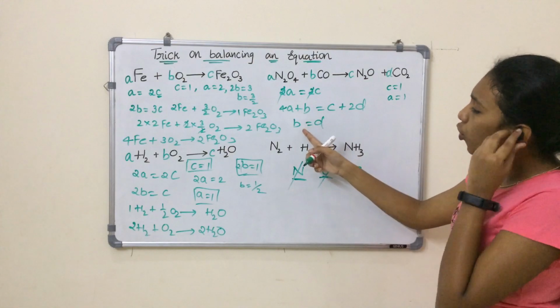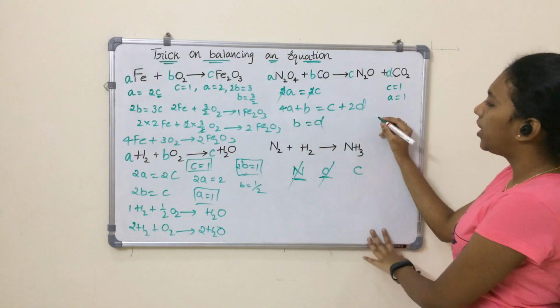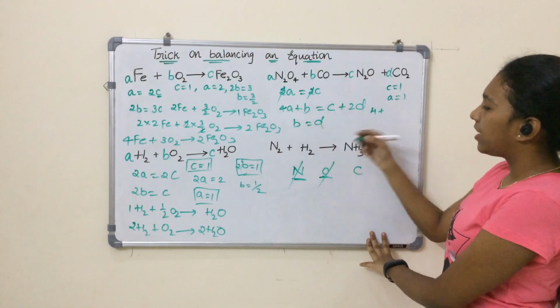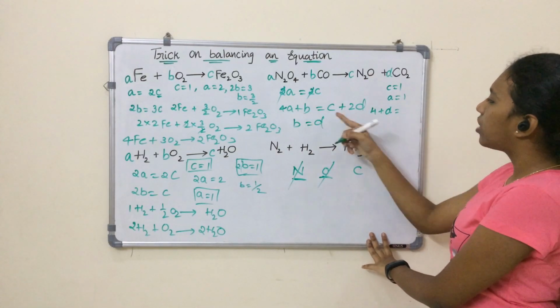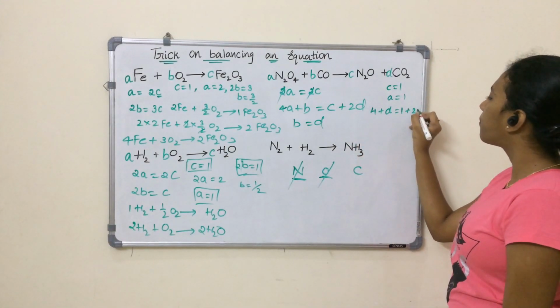Now as you know B equal to D, let me substitute. 4A, that is 4, plus B is nothing but D, which gives you C is nothing but 1, plus 2D.